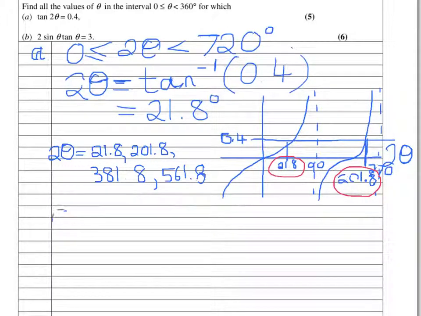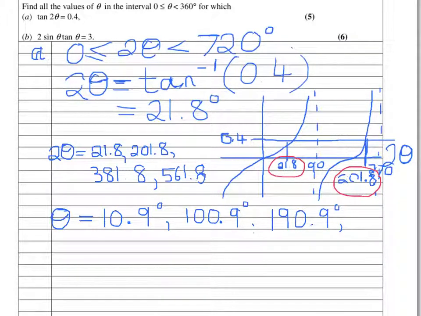Then to find theta, that's 2 theta, so I just need to divide these values by 2, so that I get 10.9, 100.9, 190.9 degrees, and 280.9 degrees. And those are your values for theta.